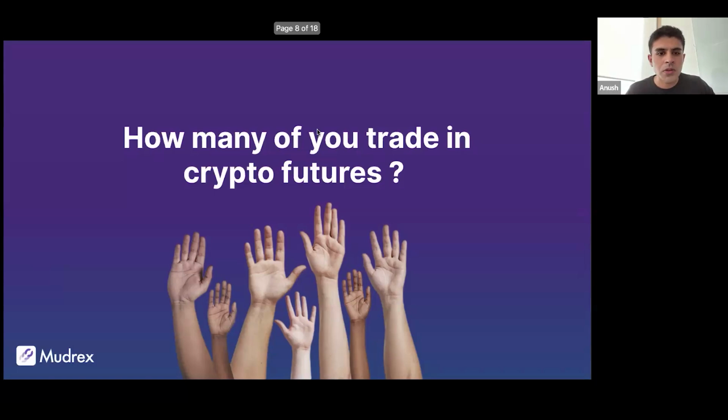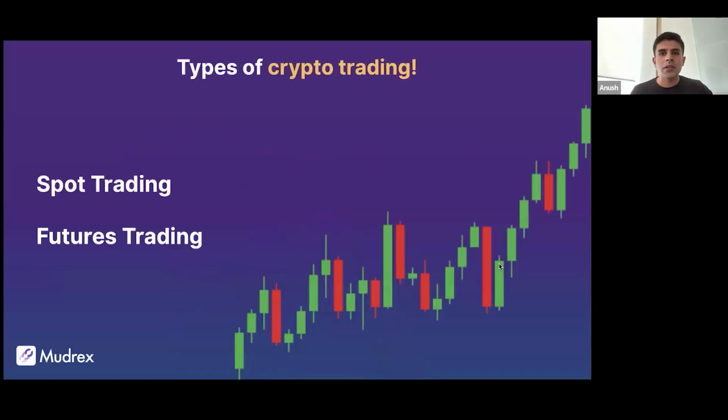Awesome. So let's go ahead and dive into futures. Now that we've covered the basics of what trading is and why having the right platform matters, let's move on to the main part of the session and understand the different types of trading in crypto.